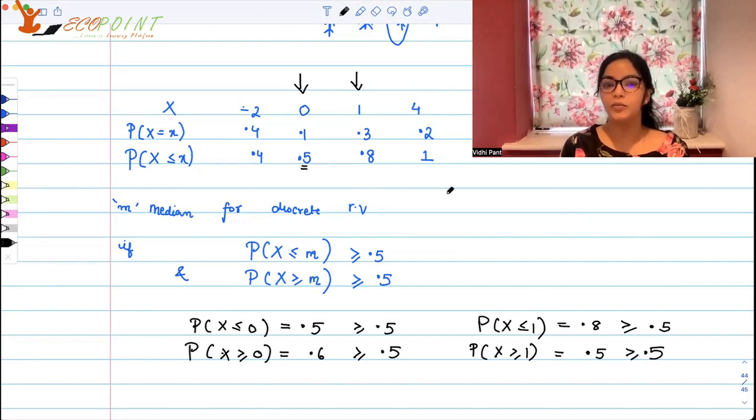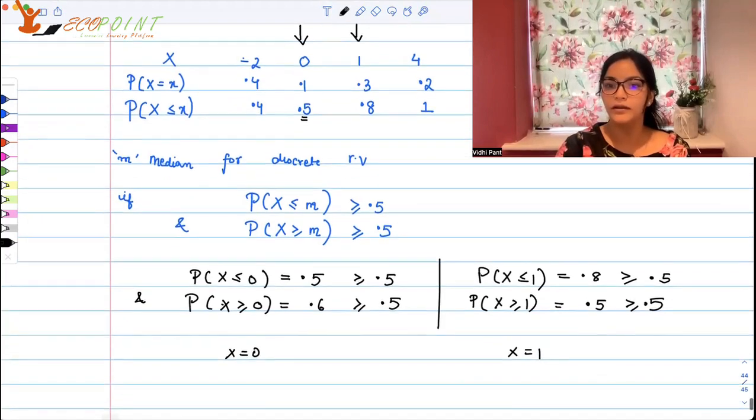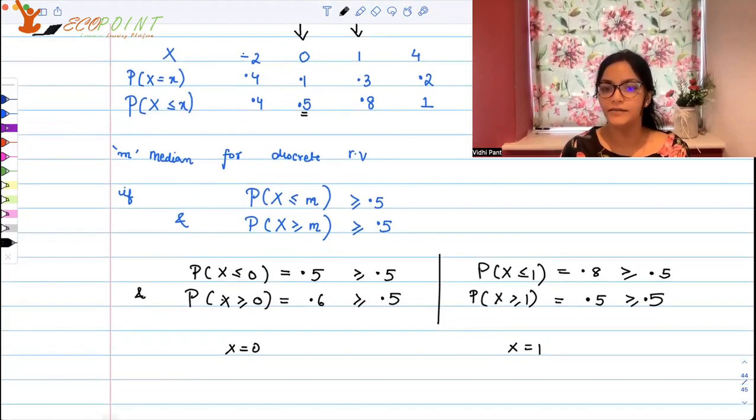So what you can see is probability when x is less than or equal to 0 is more than or equal to 50%, and probability when x is greater than or equal to 0 is also more than or equal to 50%. So 0 is a median. And you can see the same thing for x equal to 1 as well. So x equal to 0 and x equal to 1 both satisfy this.